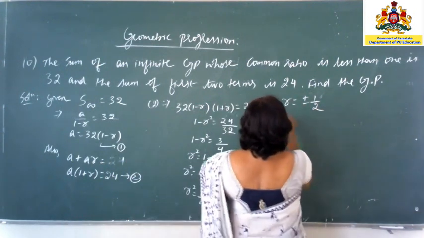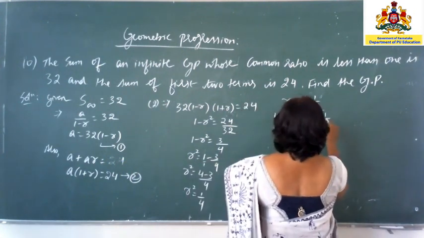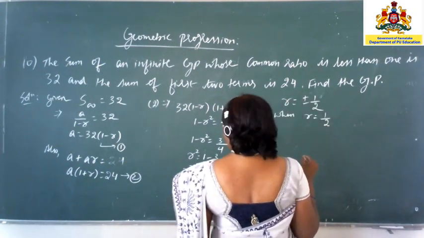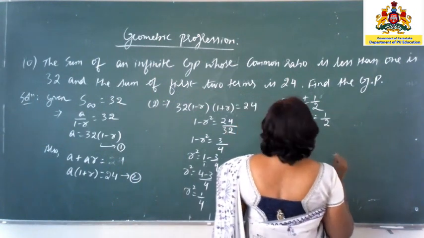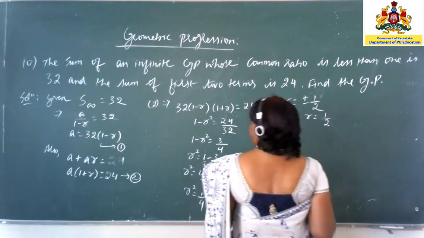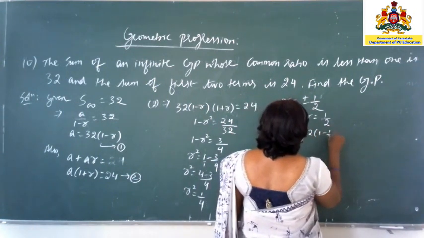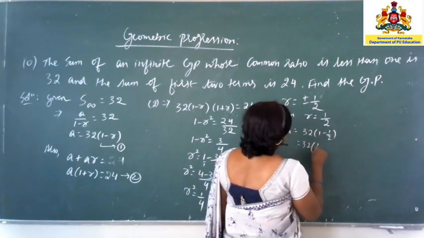So when R is equal to 1 by 2, what is A value? We should find out A value. So 1 implies A is equal to 32 into 1 minus 1 by 2. So 32 into 1 by 2.